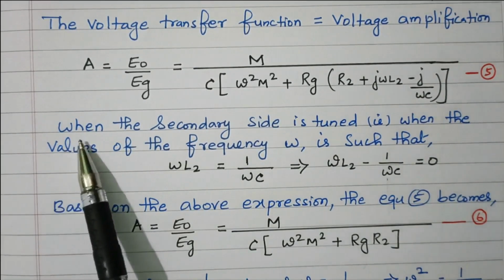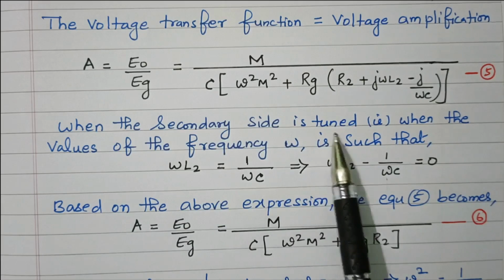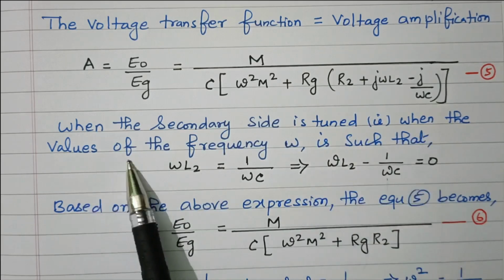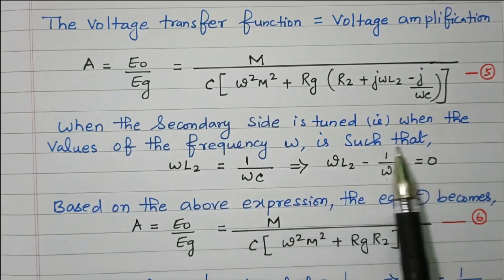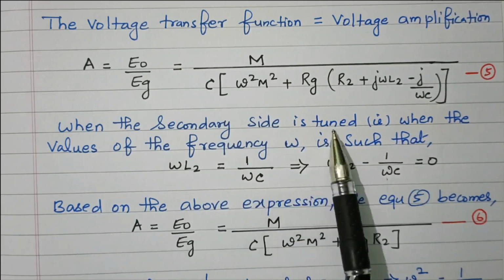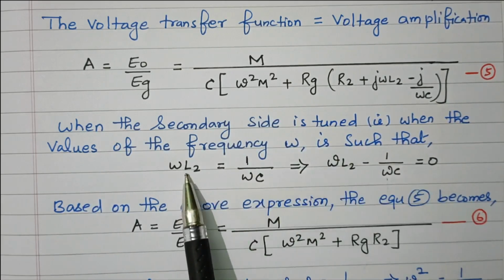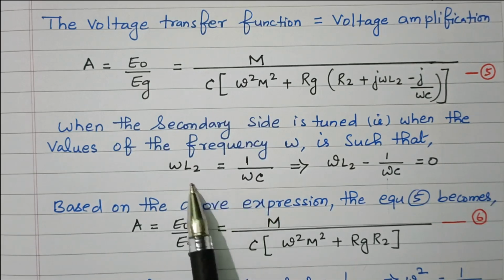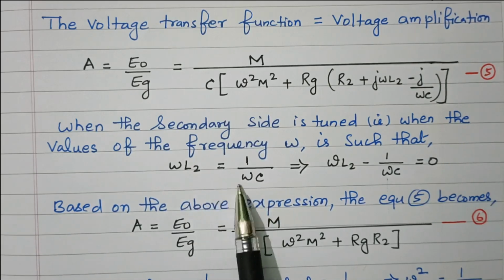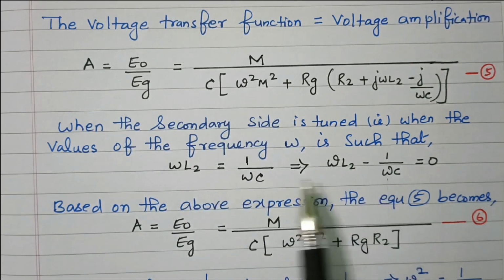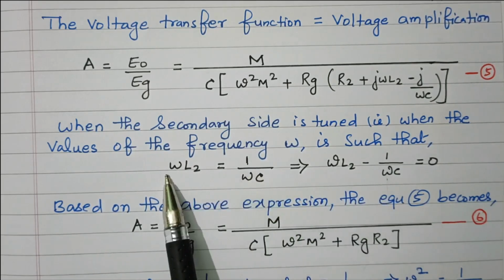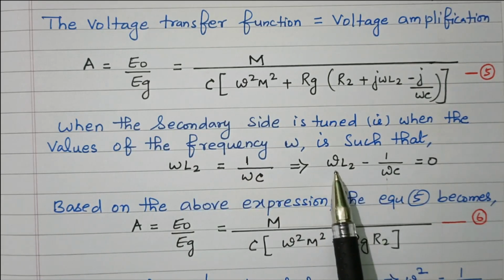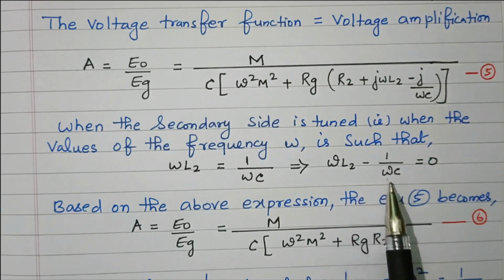Now we'll see when the secondary side is tuned, that is, when the value of the frequency omega is such that omega L2 is equal to 1 divided by omega C. So both are equal, which means the circuit is tuned. Bringing this term to this side, omega L2 minus 1 divided by omega C equals 0.